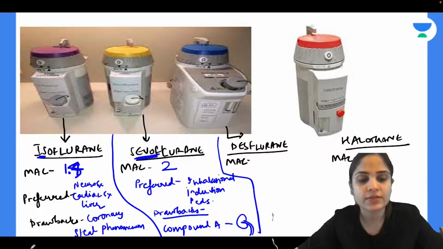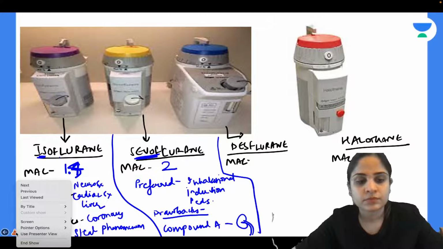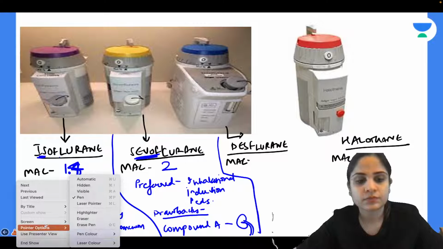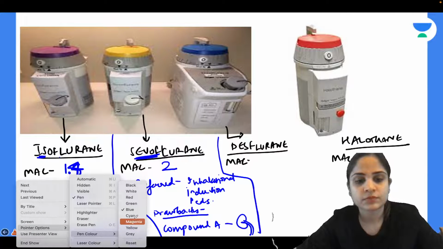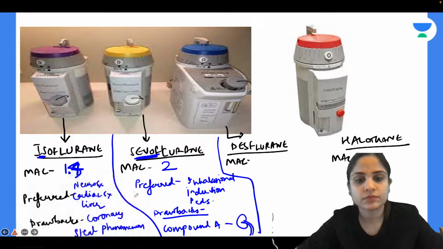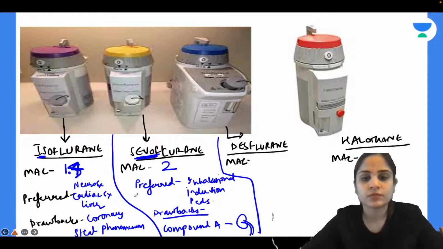Anyone, what is the MAC of desflurane? What is the MAC of desflurane? Where is desflurane preferred?